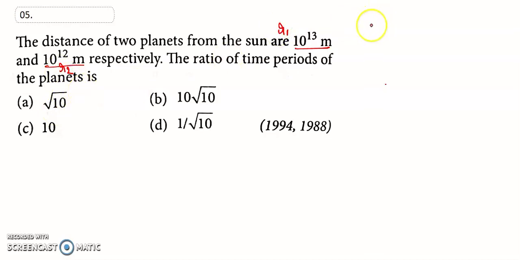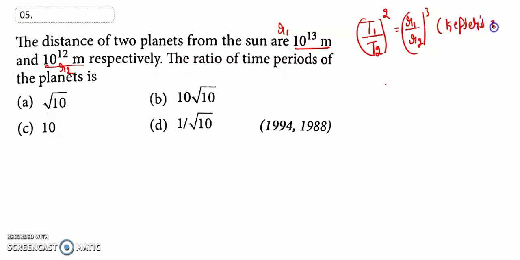They have given both distances. Similarly, T1 and T2 as we took TA earlier. T1 divided by T2, whole squared, is equal to R1 divided by R2, whole cubed, from Kepler's third law.